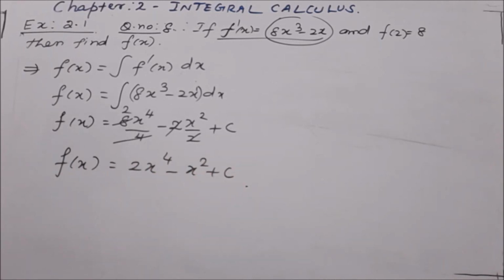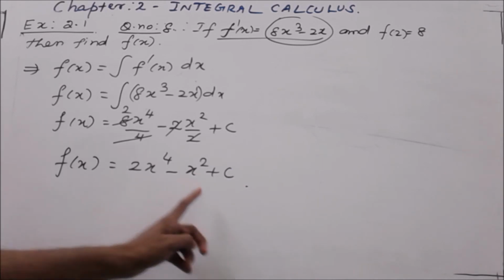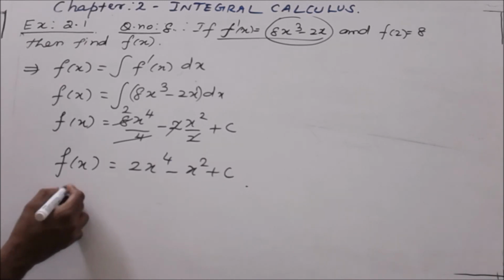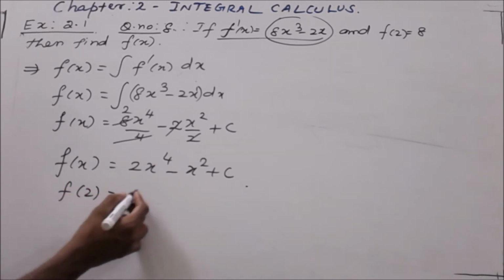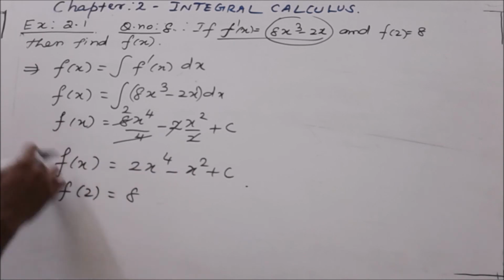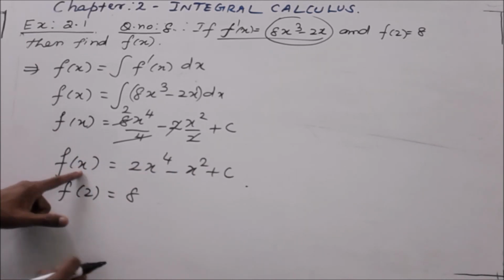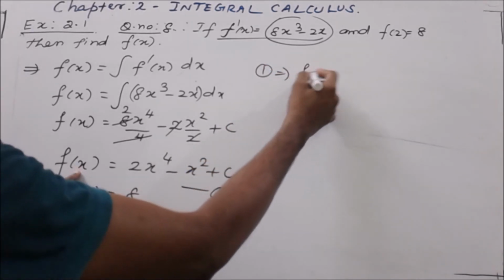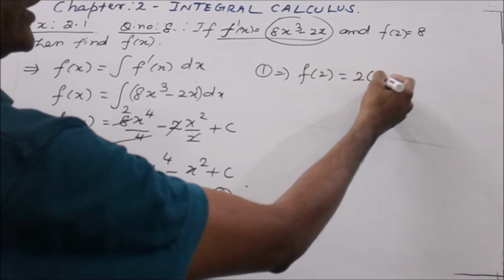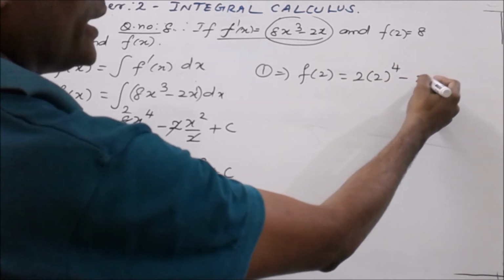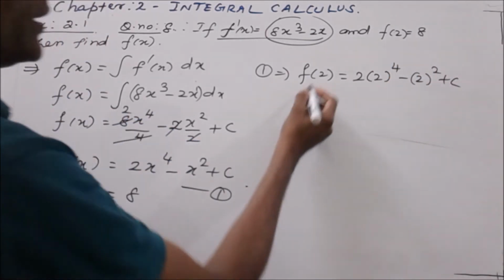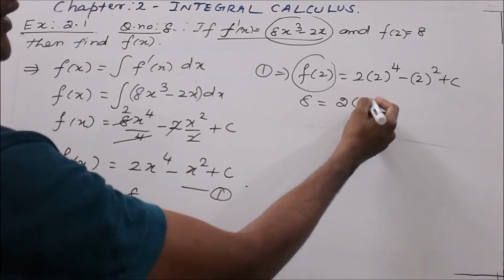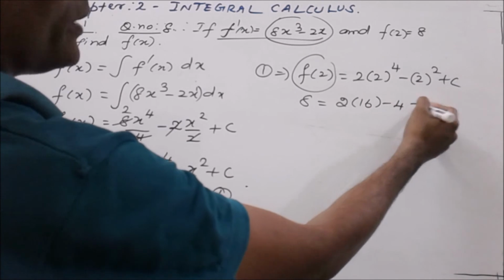But here there is an unknown constant. To find that unknown constant, they have given f of 2 equal to 8. When x is equal to 2, f of 2 is 8. So put x is equal to 2 in 1, f of 2 equals 2 into 2 power 4 minus 2 square plus c. Substituting, 8 equals 2 into 16 minus 4 plus c.